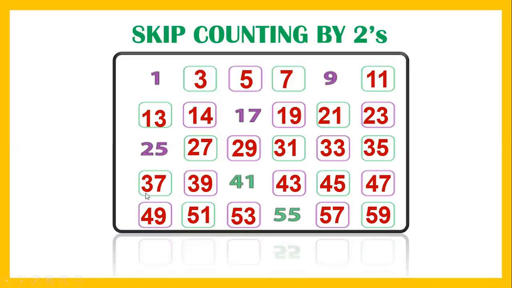So that's all, from 1 to 59, skip counting by 2s using the odd numbers.